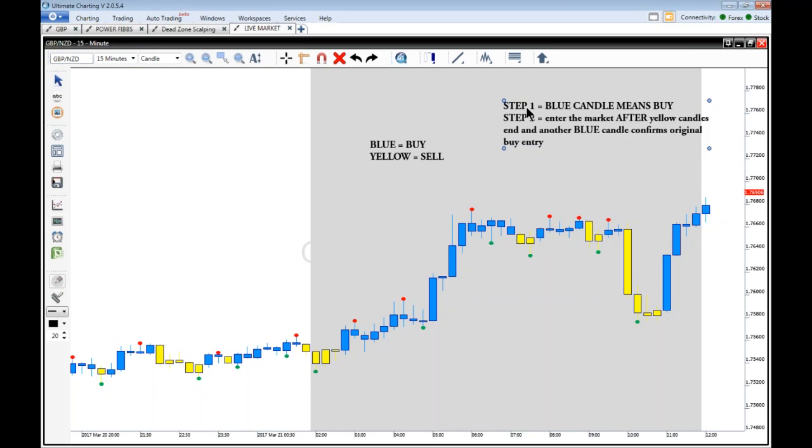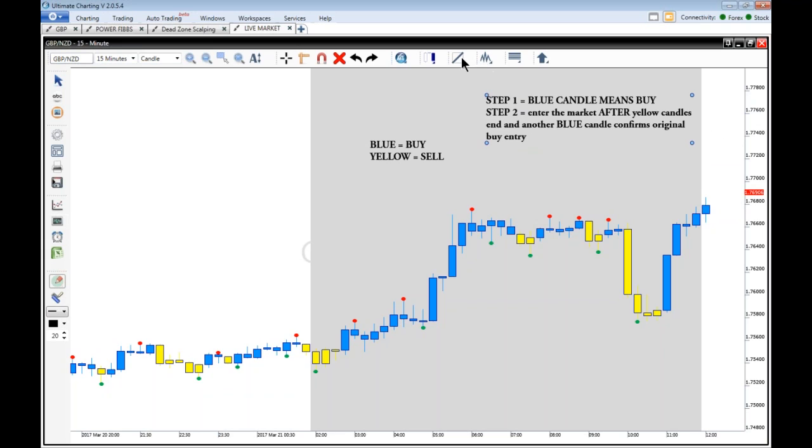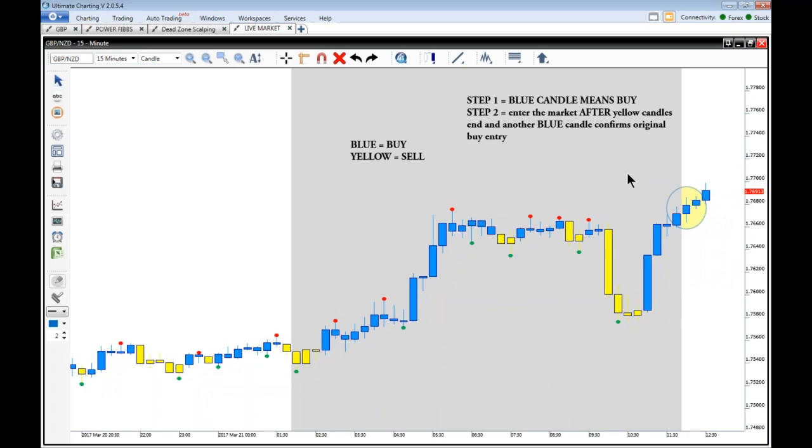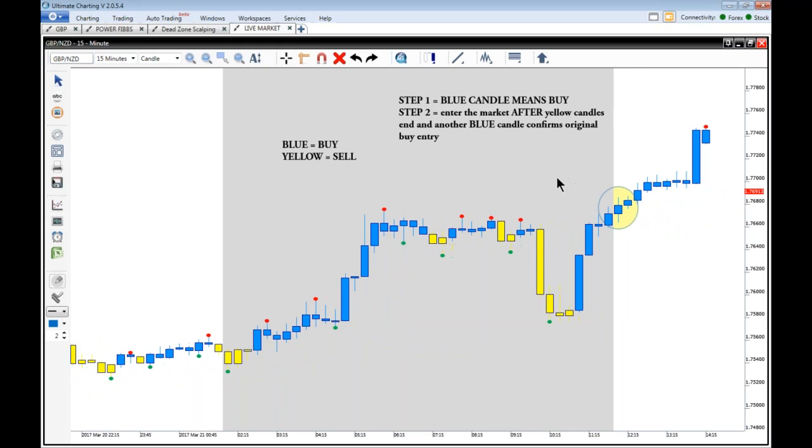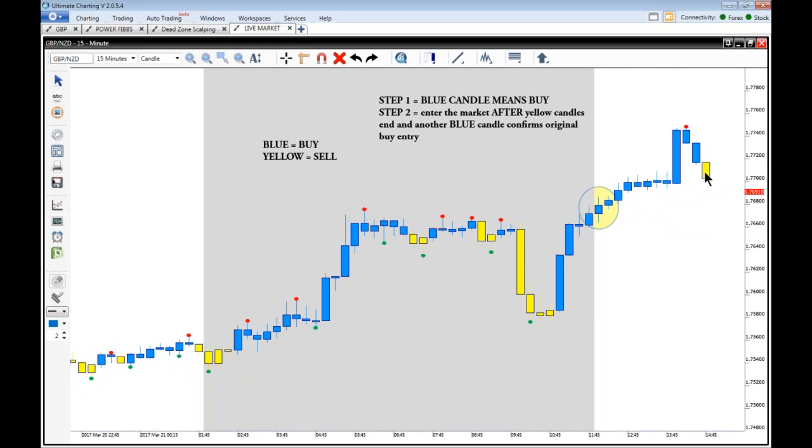It's a 2-step process. So the blue candle right there told us, number 1, we're going to be looking to buy this market. So we need to pay attention. We don't just buy it, we leave it alone, and then we wait for the market to give us a yellow candle. There's the yellow candle right there. That's basically telling us, okay, now that the market was blue to give us a buy signal, the yellow is now in play, meaning we need to get ready to buy if we get a blue candle, which means to confirm the trade.